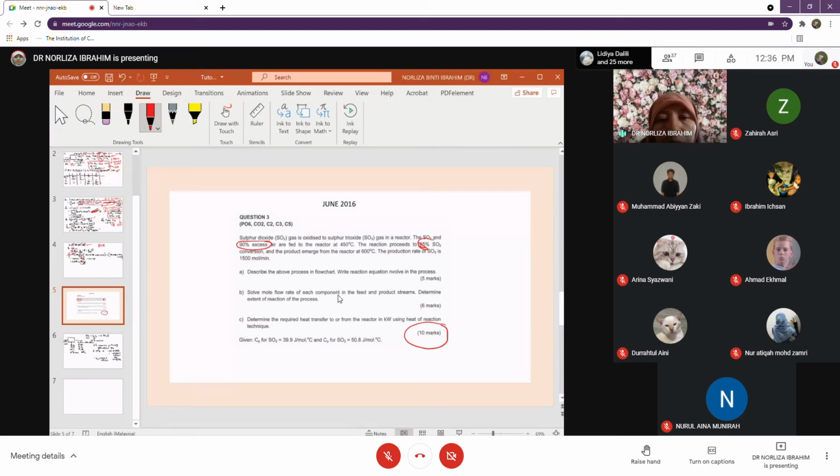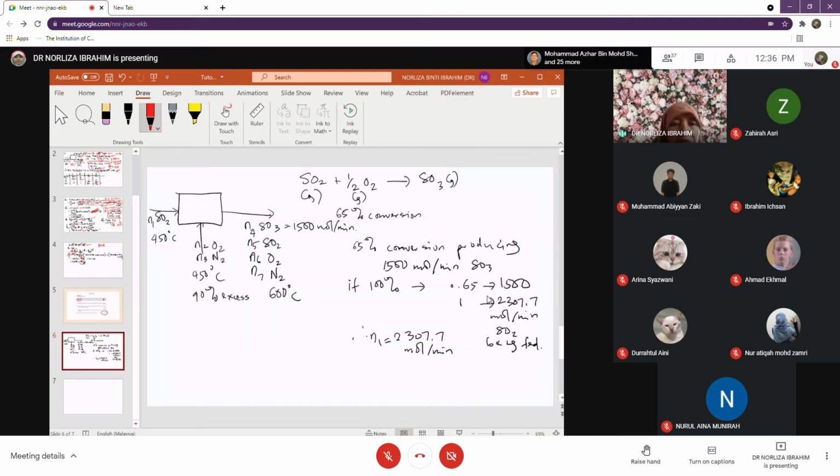Now the material balance. For the drawing, you have sulfur dioxide and oxygen, but in the question you actually react the SO2 with air. So SO2 and air are being fed. In my case, I put them into different streams, SO2 and also air here. If you want to put them in one stream, then fine, up to you.